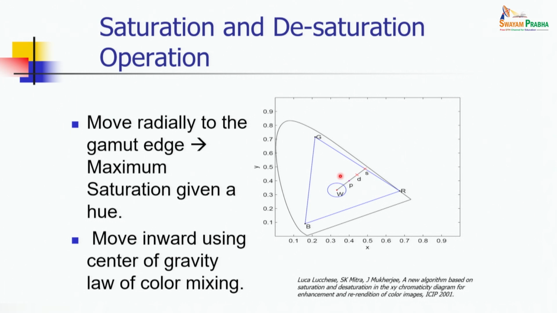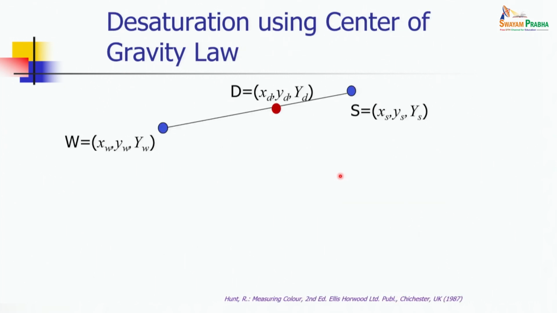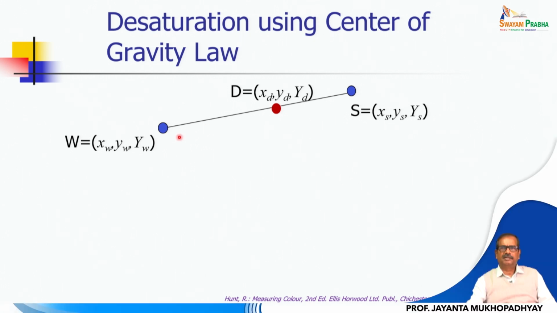How much inward you should move depends upon your requirement. There is one interesting rule that has been proposed, called the center of gravity rule, which means if I have the maximum saturated point and, say, W, here our representation is 3 dimensional.